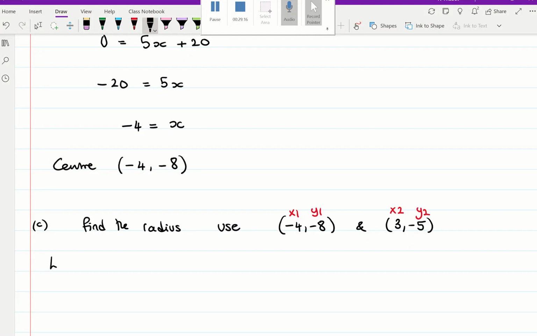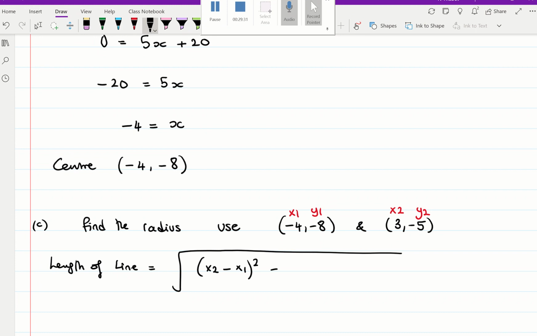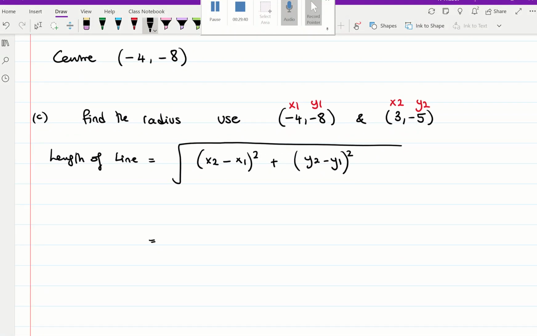And I need to use length of the line, which is really Pythagoras theorem. It's going to be x2 minus x1 squared plus y2 minus y1 squared. So I've got, of course, all in the square root.